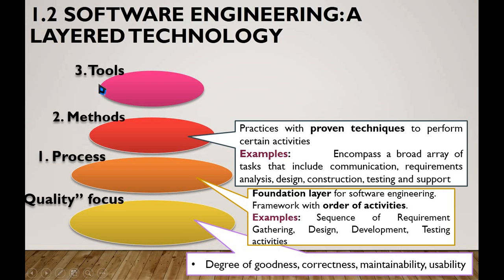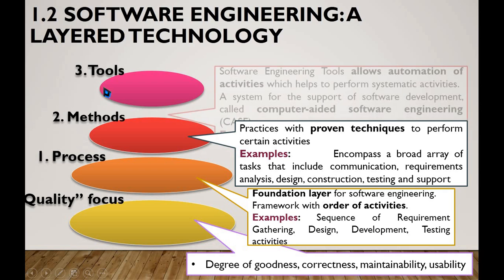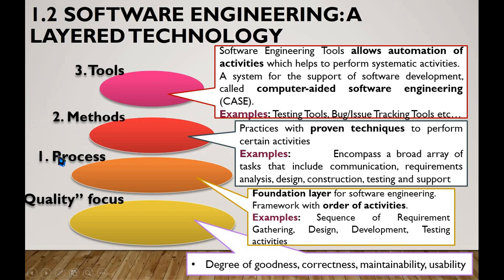Now the third and most important part is tools. With process and methods we can generate a product, but without tools it is impossible. So for using process and methods, we can apply them only and only via tools.